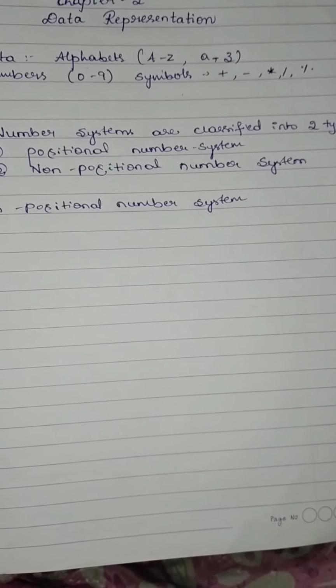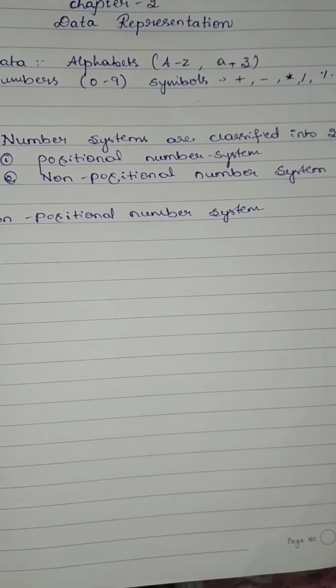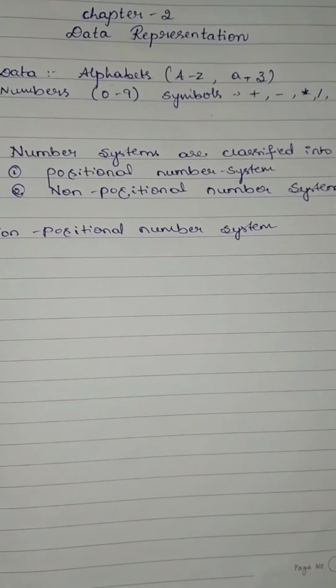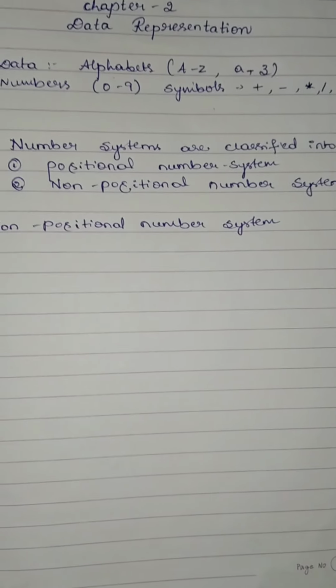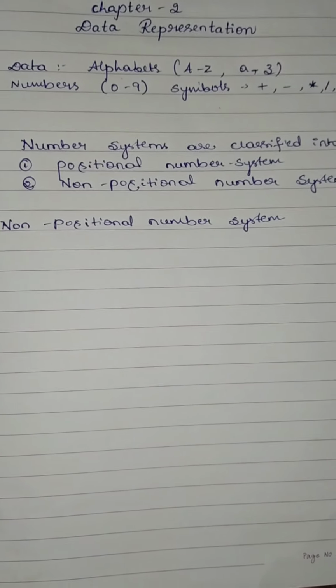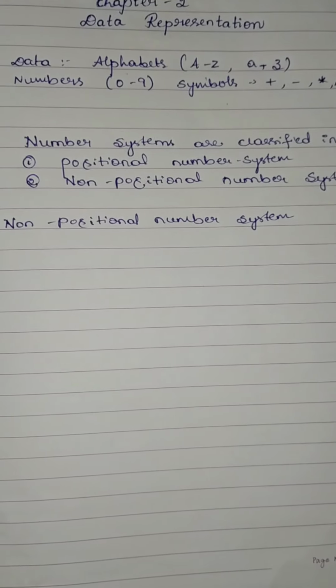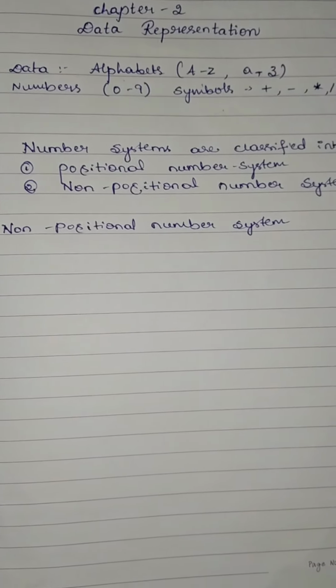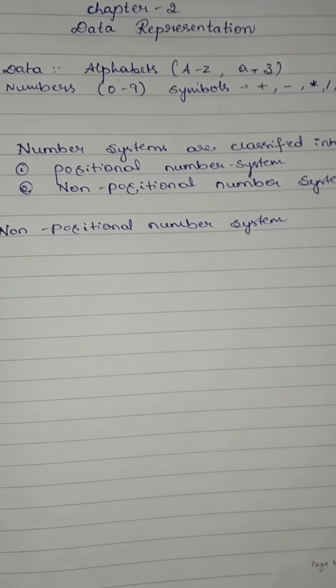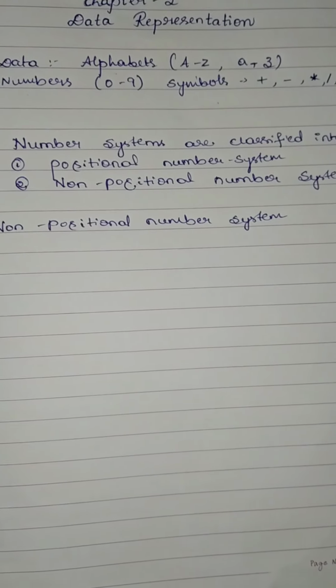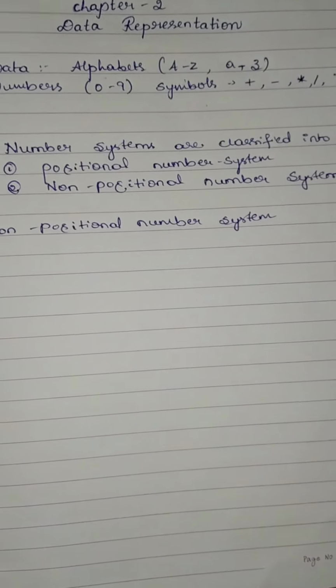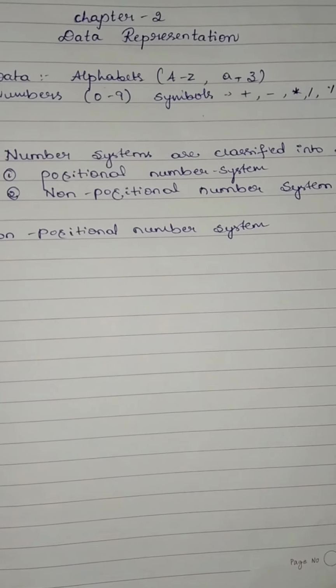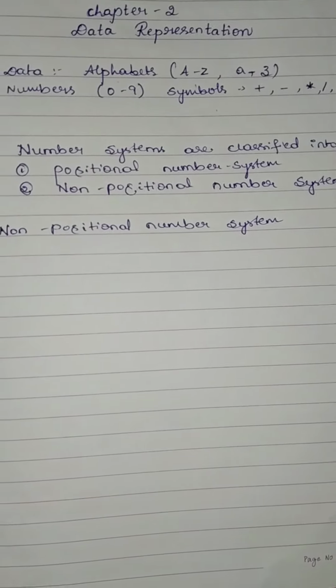Because a computer understands only zeros and ones, whatever data is fed into the computer system will be converted into zeros and ones. Then it performs the operations. After performing the operation, it represents the values in zeros and ones, but when those values reach the users, the zeros and ones become human readable form.